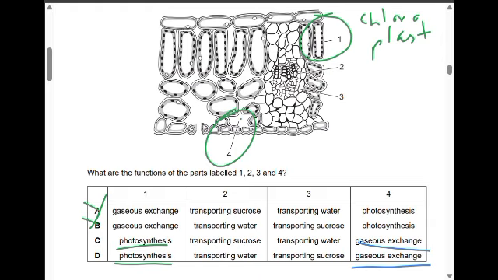So it's either C or D. So 2 is pointing towards the xylem cells, which are responsible for transporting water in a plant cell. And 3 is the phloem, which transports sucrose. So the correct option is D.